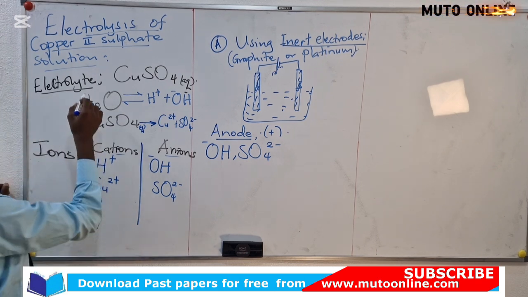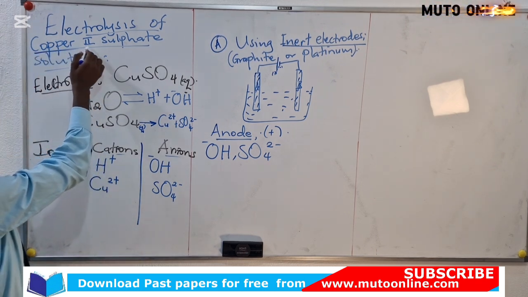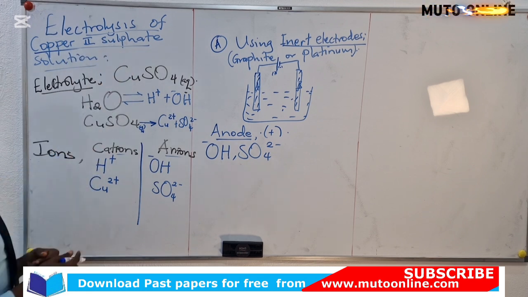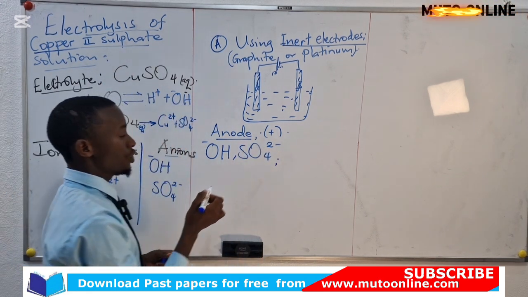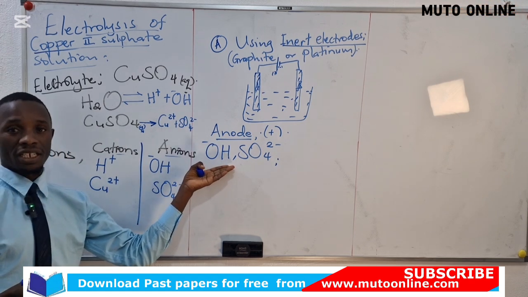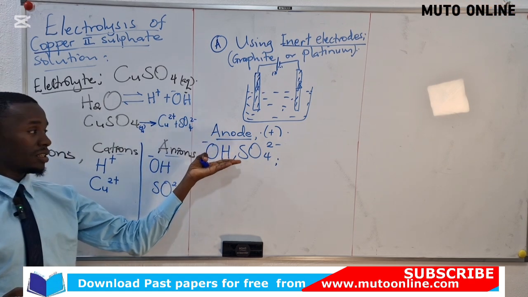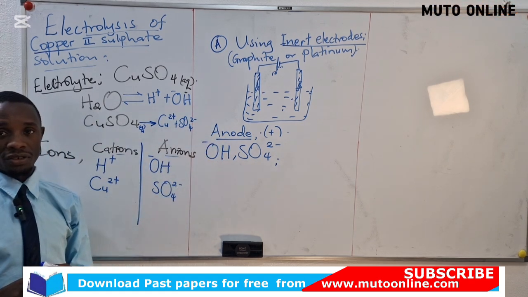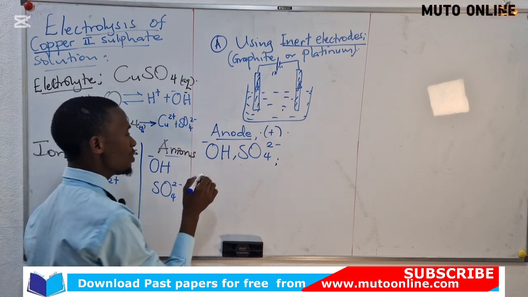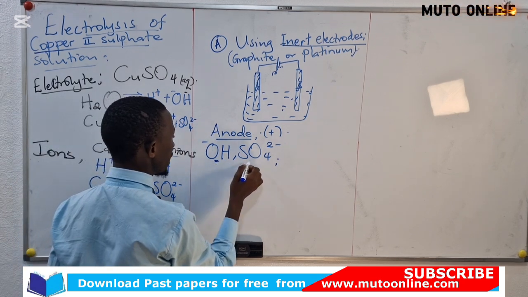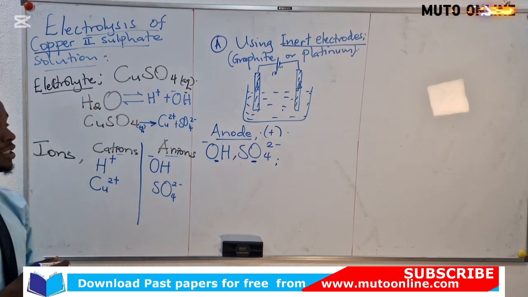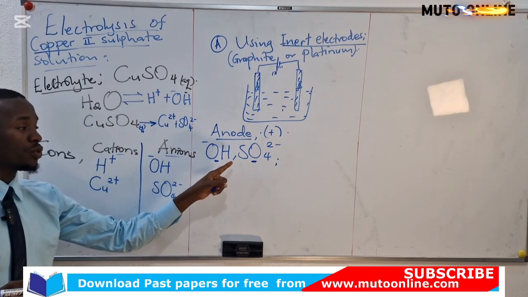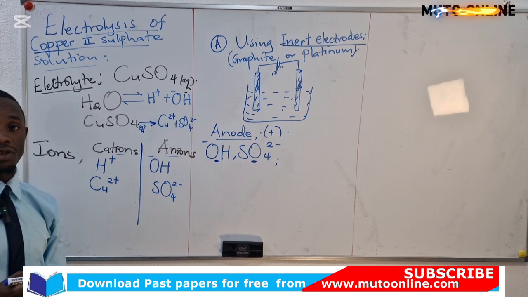Since this is not a concentrated solution, it is just a copper II sulfate solution, it means that we are going to base on the position of these radicals in the reactivity series. We remember this from the previous videos. So this means the choice of the radical ion to be discharged among these two will be based on the reactivity series.